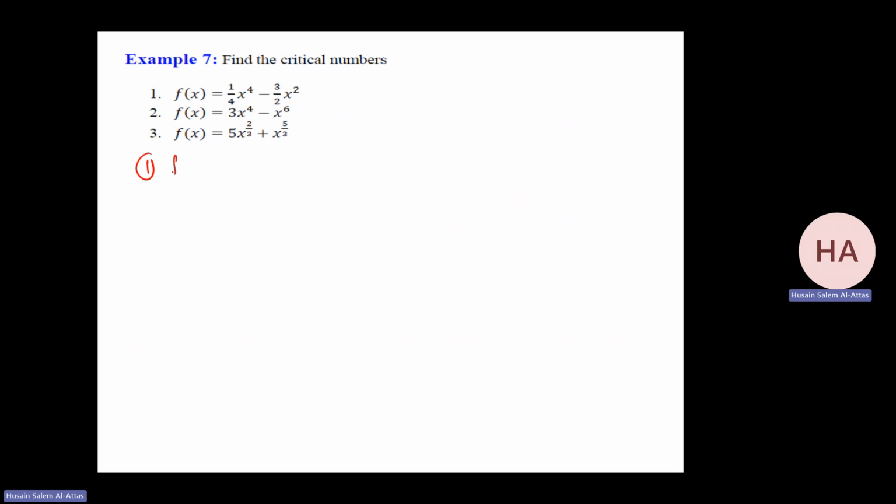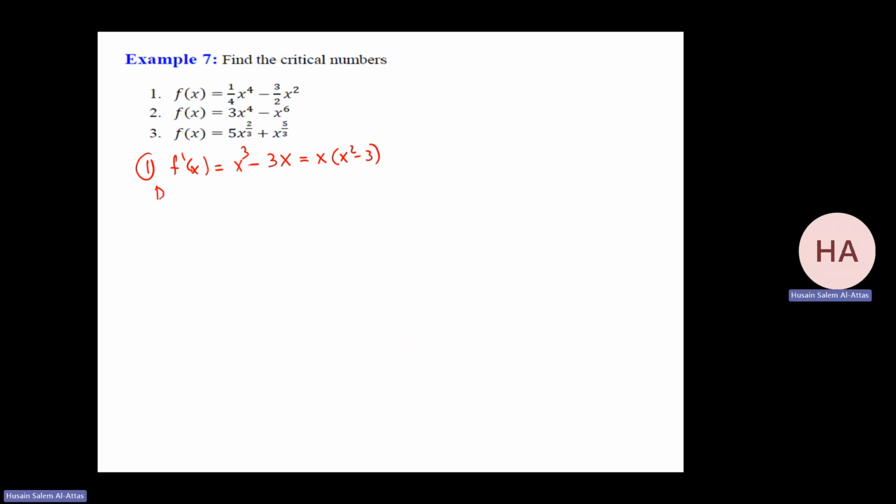Let me check f prime. What will be f prime? That will be x cubed minus 3x, which is x times x squared minus 3. So this is f prime.